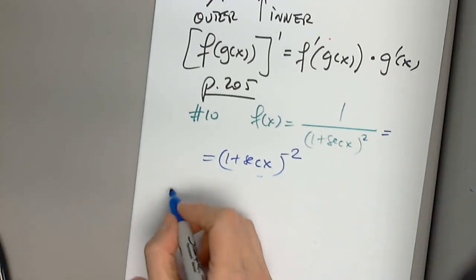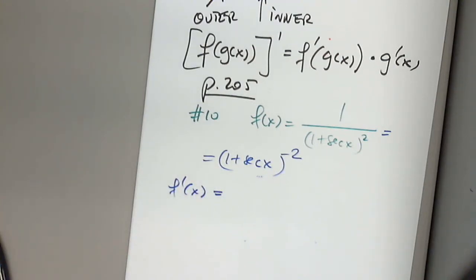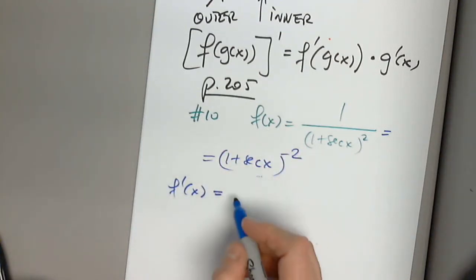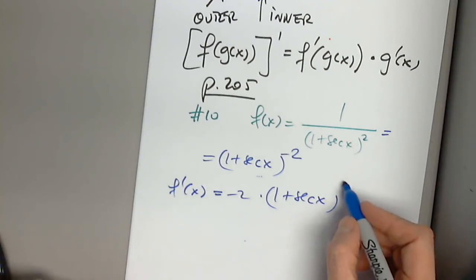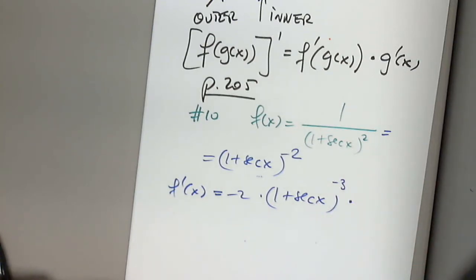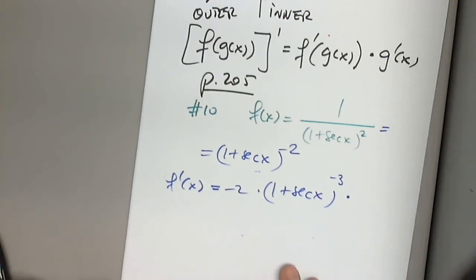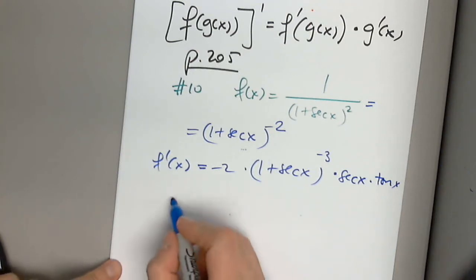So let's write f prime. Can anyone dictate? Very good. Times 1 plus secant x to the, excellent, times secant prime, we just learned that, it's secant tangent. Secant x times tangent x.